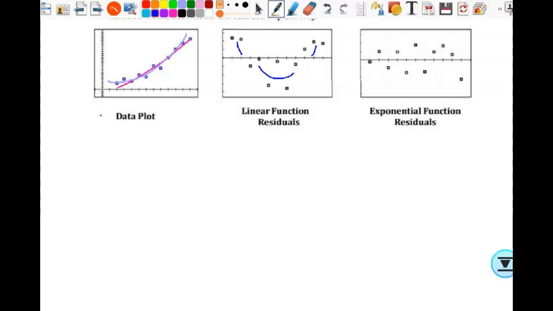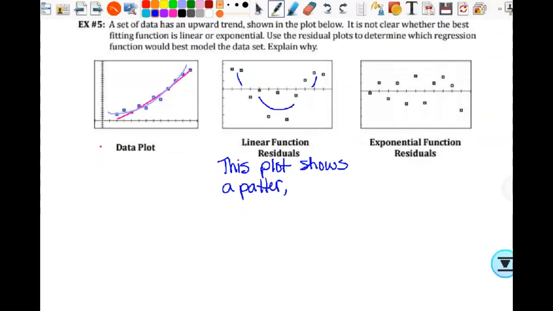So I would say this plot shows a pattern, function is most likely nonlinear.